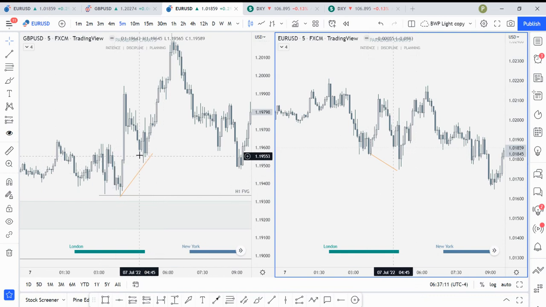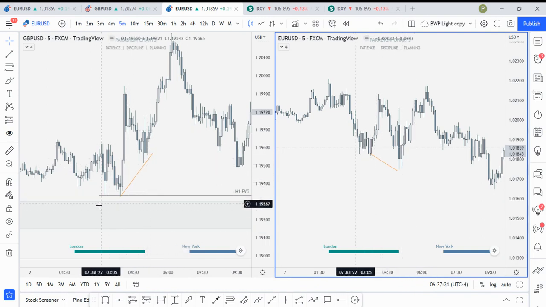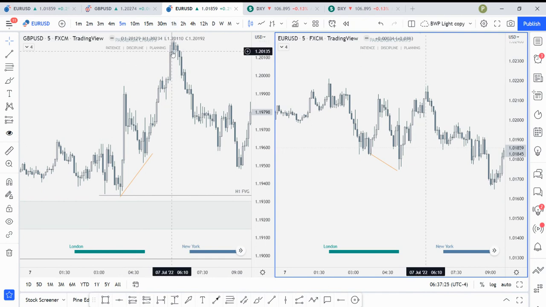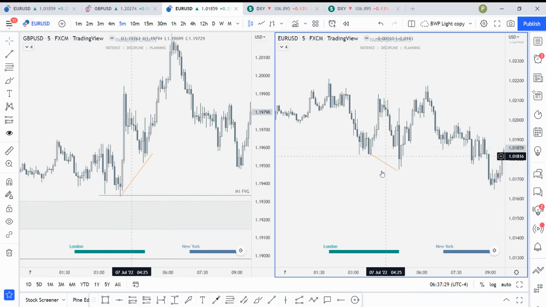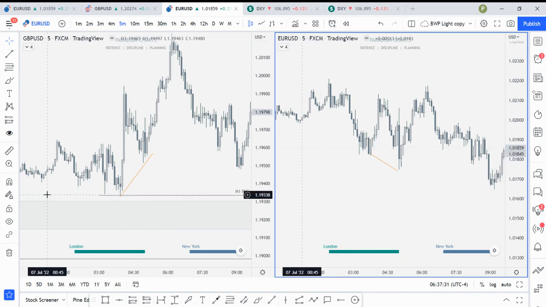So that tells you that it is about to run up. This one that failed to make a lower low is being heavily accumulated, and you can see it ran up after. So that is a bullish SMT divergence.